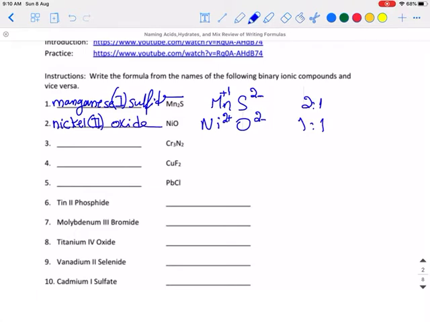Chromium nitride, for the ratio to be 3:2: nitrogen is group 5, which means it has charge 3 minus, because it gains 3 electrons to reach stability. So for the ratio to be 3:2, chromium should be +2 because of the criss-cross. So I name it chromium 2 nitride.